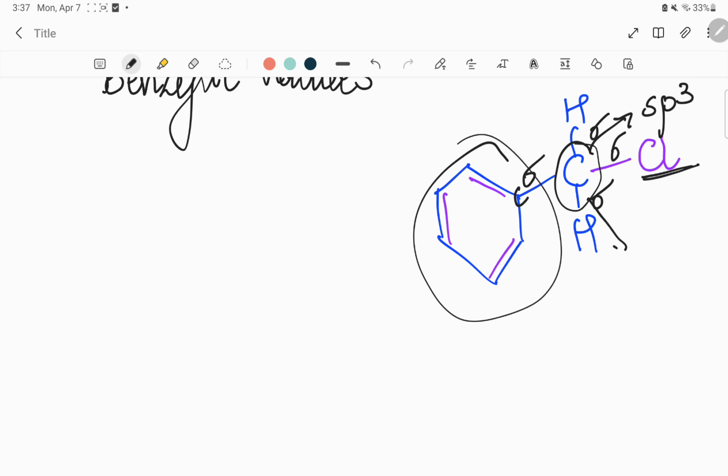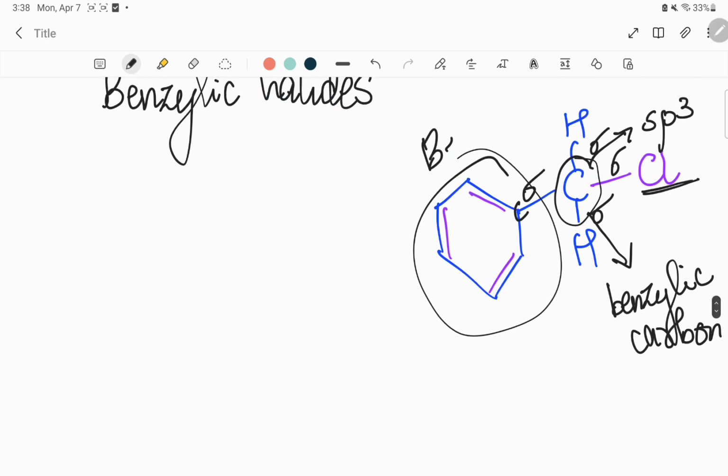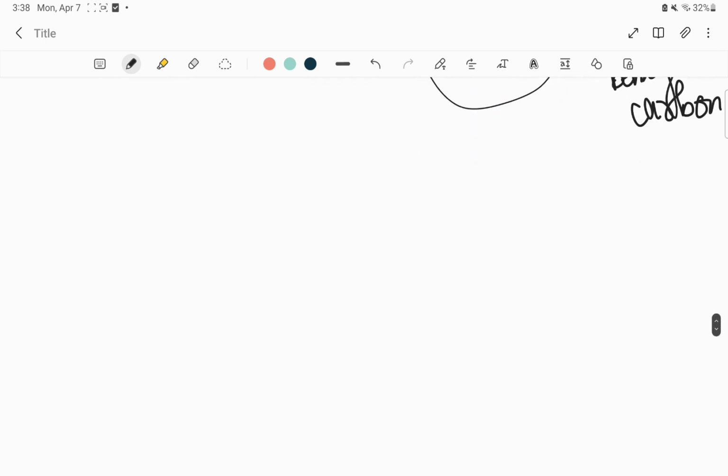So this carbon is known as a benzylic carbon, and this compound is an example of a benzylic halide. I hope this is clear, and the name of this compound is benzyl chloride. So this is about the classification based on sp3 hybridized C-X bond.